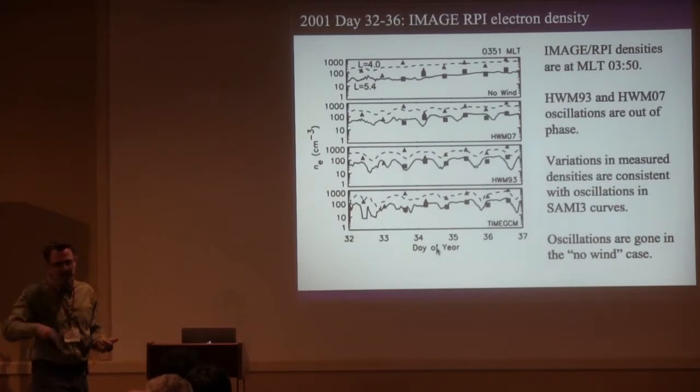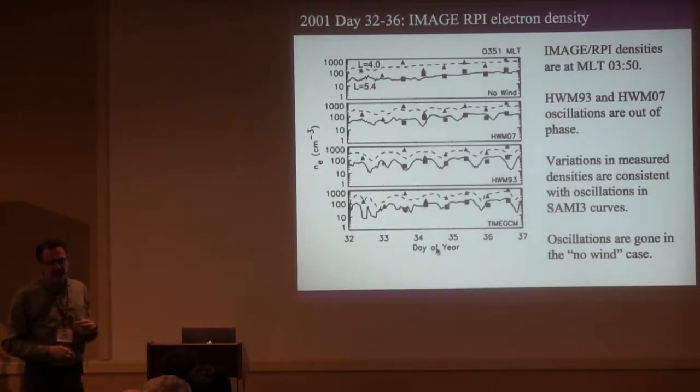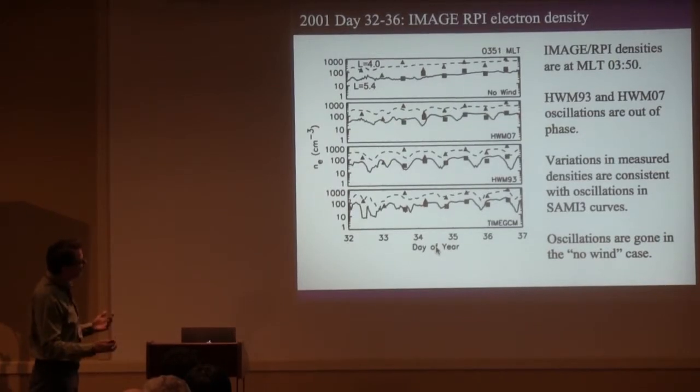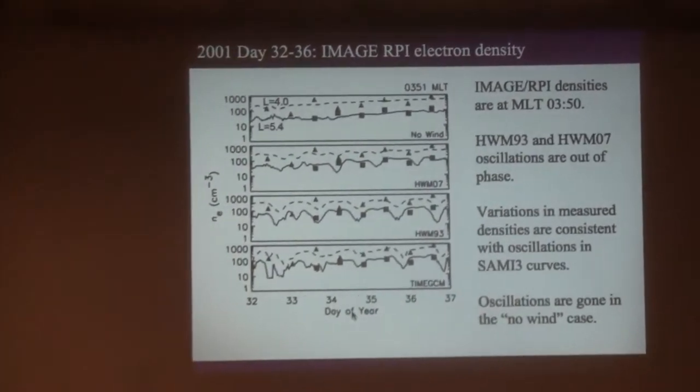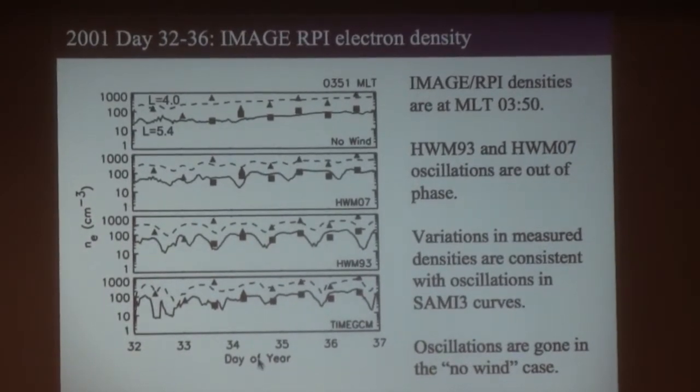We don't sweep through the plasmasphere often enough to resolve the oscillations, but the size of the wiggles in the data are about the size of the wiggles in the simulation. So that gives you some suggestion that maybe we're in the right ballpark, but it doesn't definitively show that this is exactly what's happening.